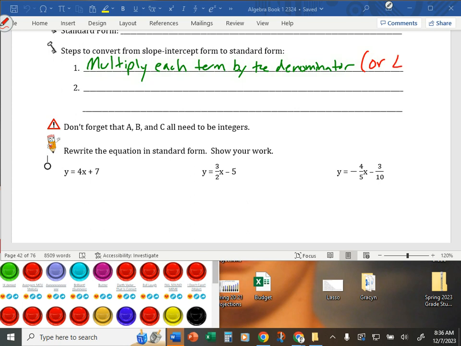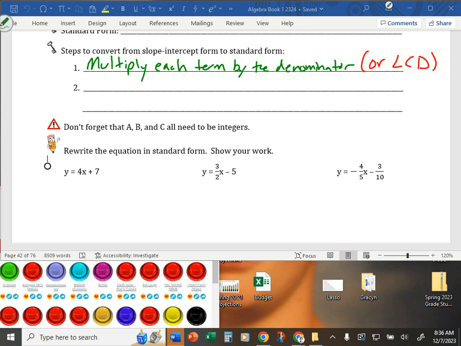Well, or LCD. And LCD stands for least common denominator, right? And that's going to come into play when we have two fractions, like we do in that example there. Okay, but multiplying each term by the denominator undoes the fraction, right?